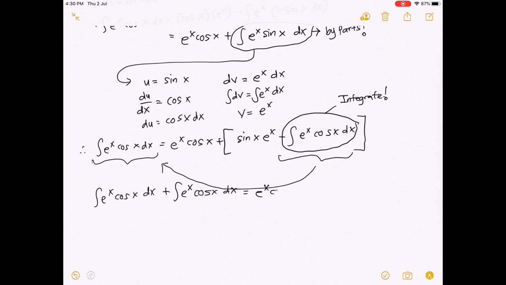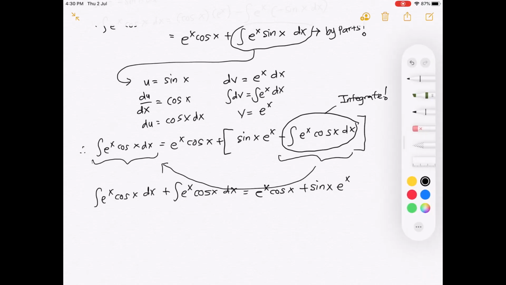What's left on my right is e^x cos x plus sin x e^x. Let me rewrite this so you will never get confused: e^x sin x. It's actually the same thing, but I want to bring the exponent to the front.